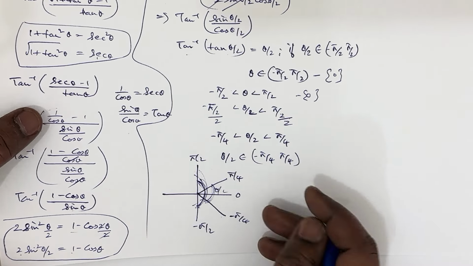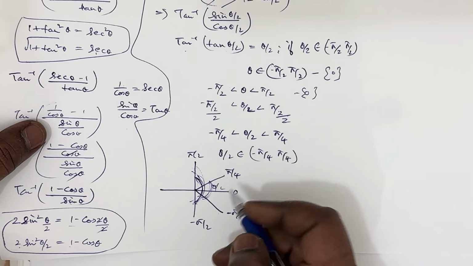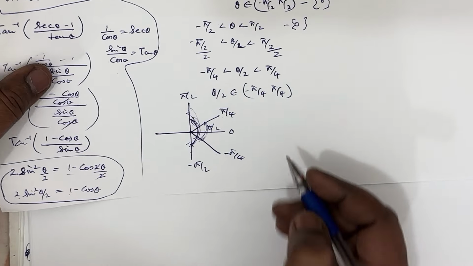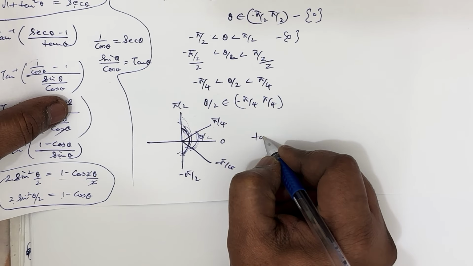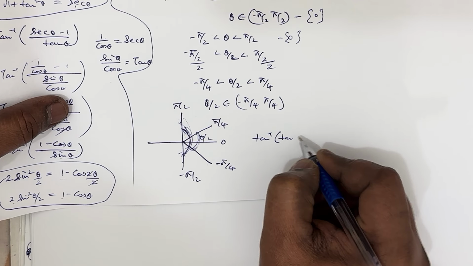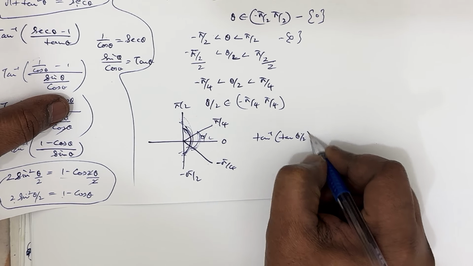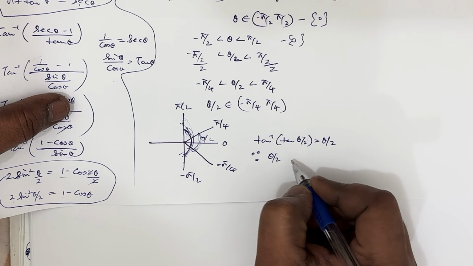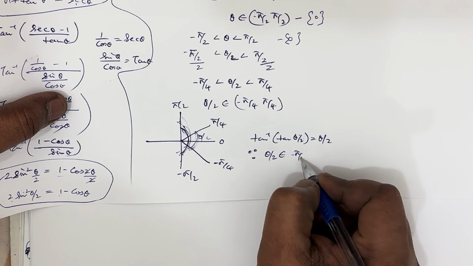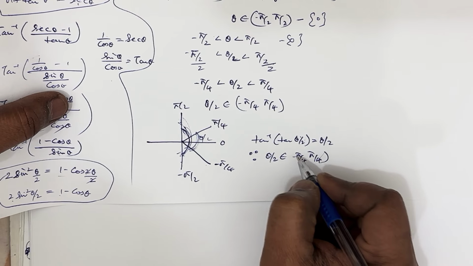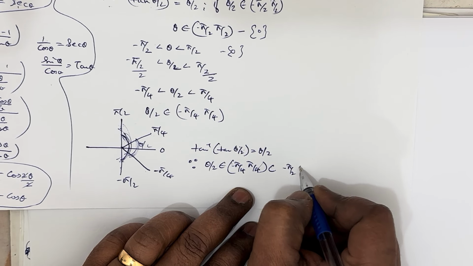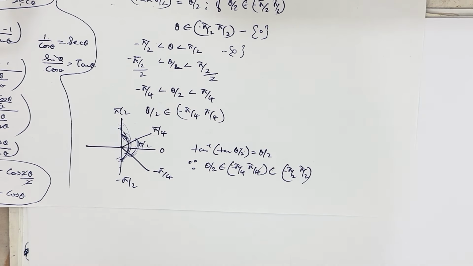So we can say that minus pi by 4 to pi by 4 is a subset of this range. So we can write tan inverse tan theta by 2 equal to theta by 2, since theta by 2 belongs to minus pi by 4 to pi by 4, which is a subset of minus pi by 2 to pi by 2.